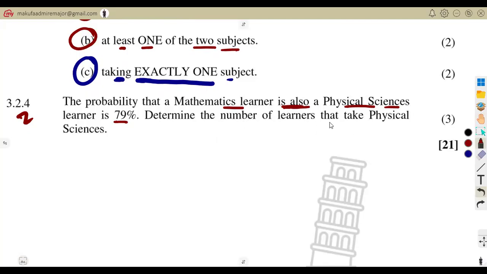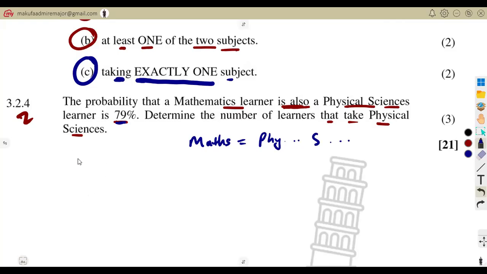Determine the number of learners that take physical sciences. They're saying these two, they go hand in hand at a 79% rate, in terms of probability. Those ones that are in mathematics and those ones that are doing the physical sciences to be the same, it's of 79%.